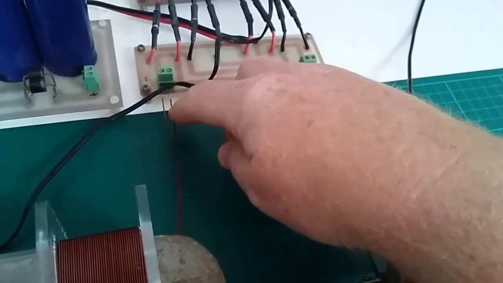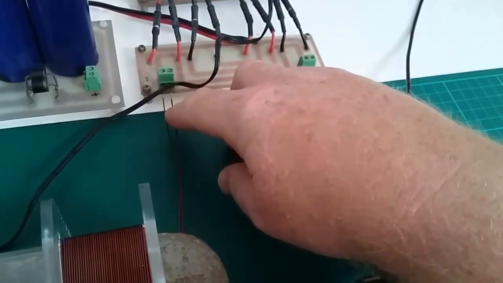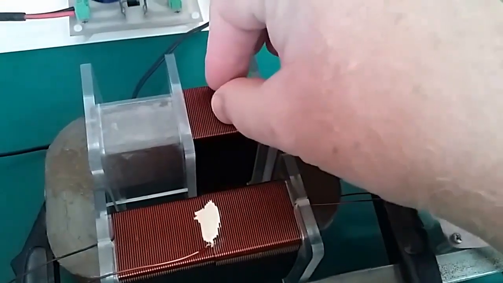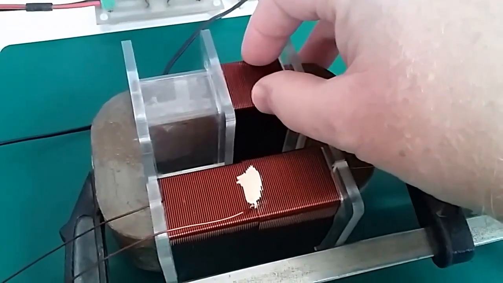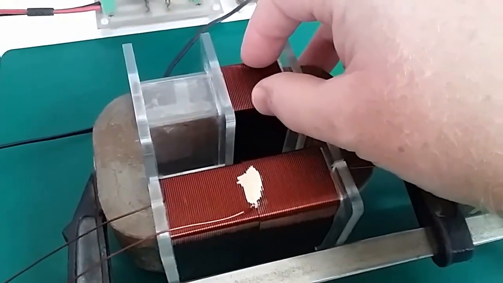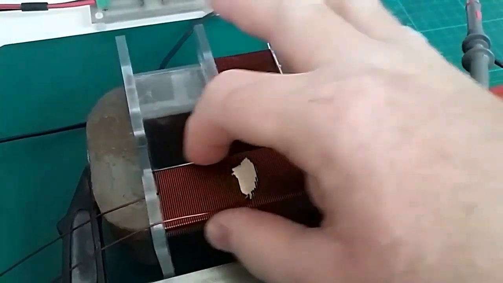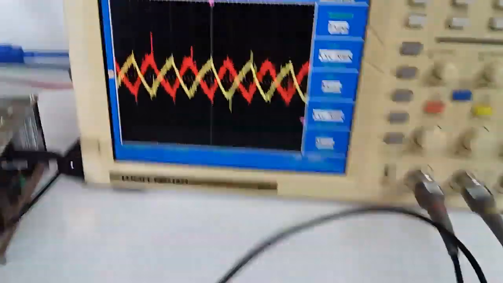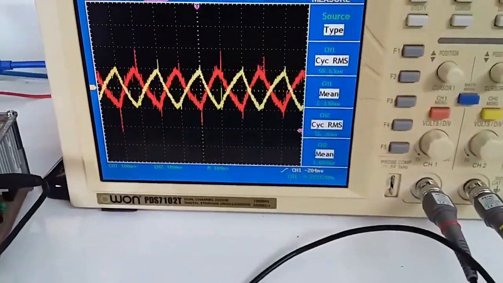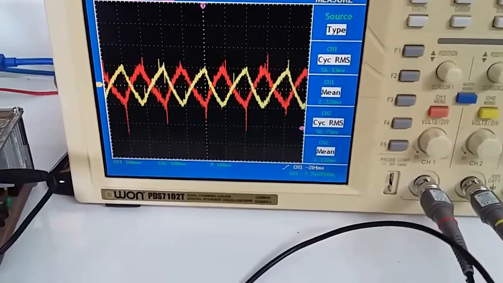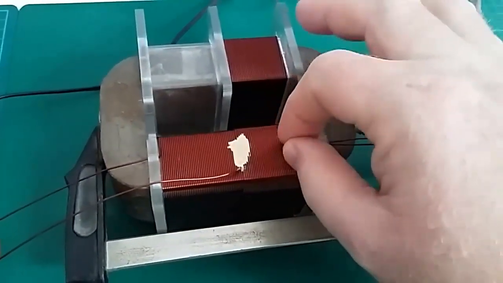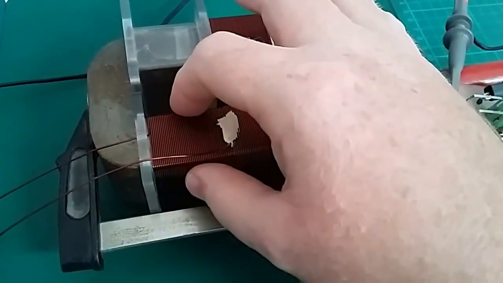It's alternating DC current, probably the best term for it, which drives this coil with 3.3 volts alternating DC, inductively coupled to this coil at a frequency that is not the optimum frequency, but we still have current which is 180 degrees out of phase. So our coils here are showing 180 degrees out of phase.